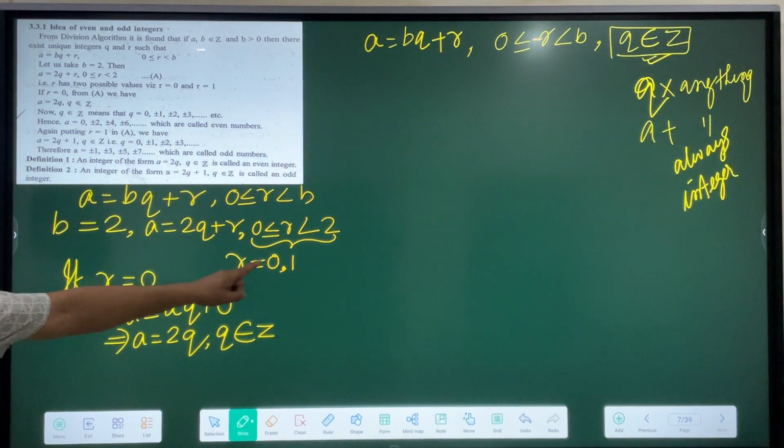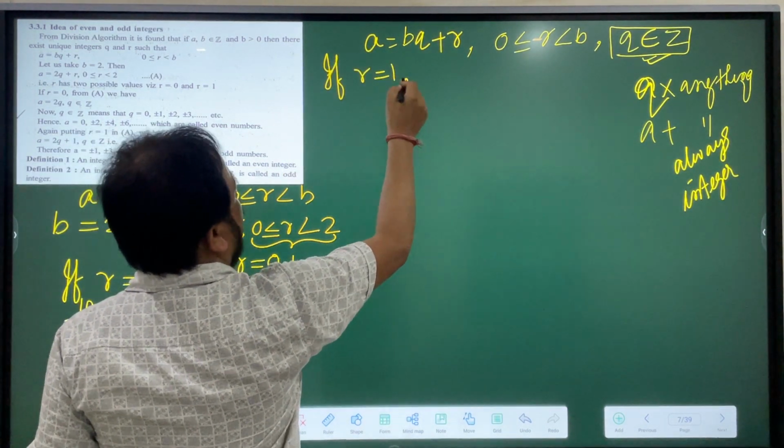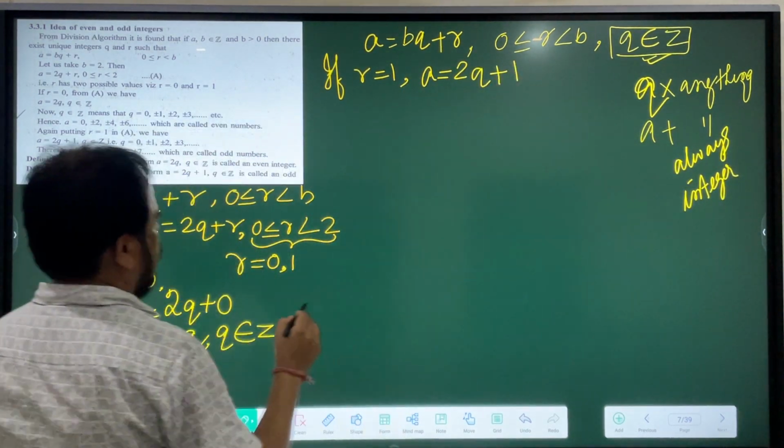Next, R is equal to 1. If R is equal to 1, then A is equal to 2Q plus 1.